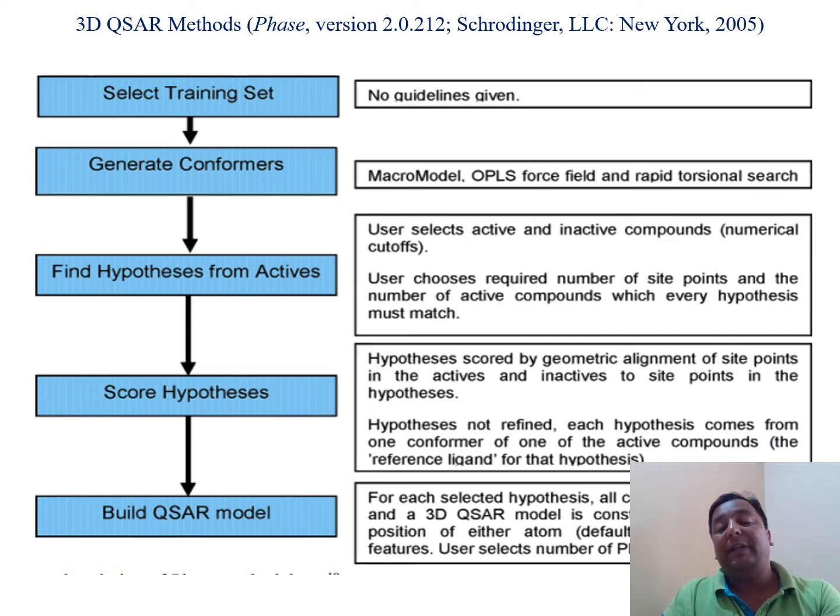Suppose anti-cancerous drugs have 4 features: one hydrogen bond donor atom, one hydrogen bond acceptor atom, one ring, and one hydrophobic atom. So suppose we assume any anti-cancerous drug must have these 4 features.